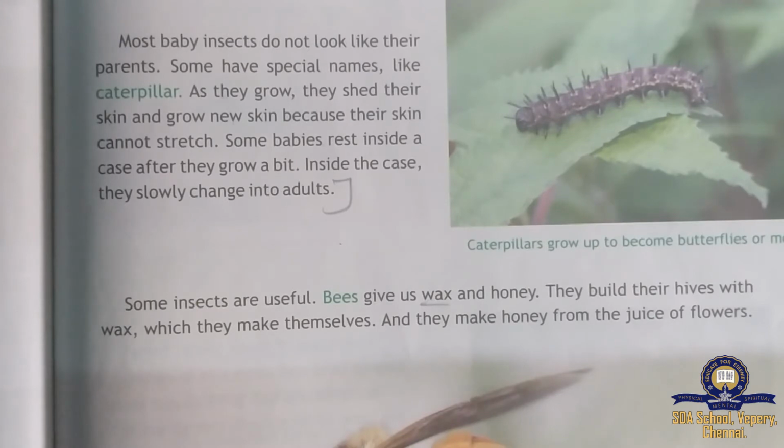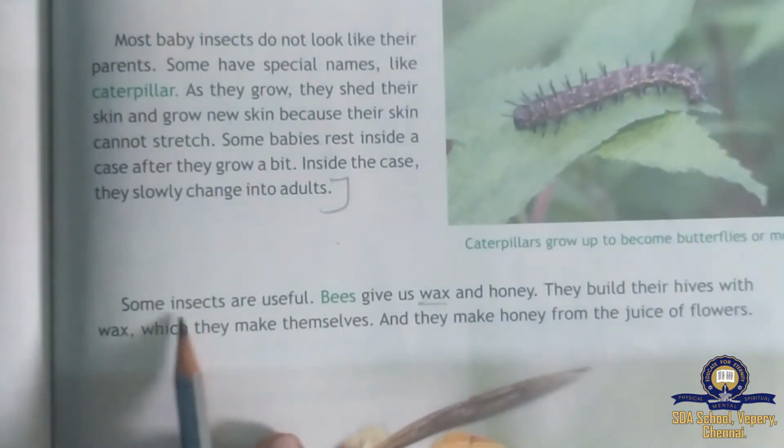So both do not look the same. Babies do not look like their parents. As they grow, they shed their skin and new skin grows because their skin cannot stretch.